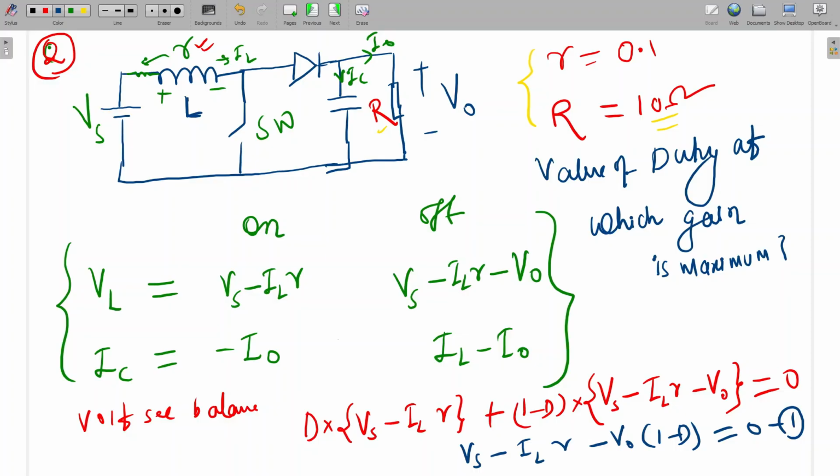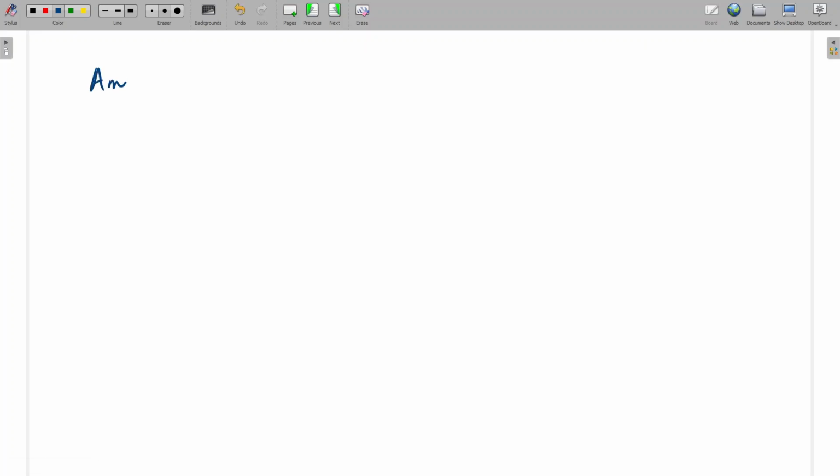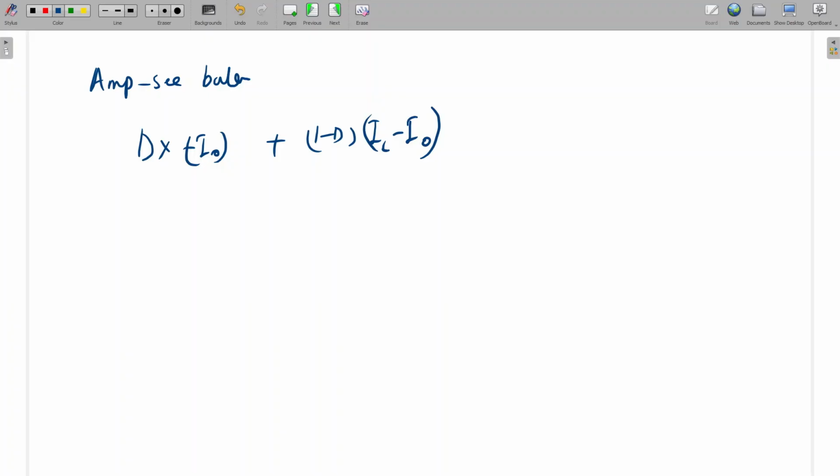Okay. Further, for the capacitor also I can apply the same thing, ampere second balance across the capacitor current. So what we can write: D into minus I naught plus 1 minus D into IL minus I naught. From here we can see that minus I naught will be common, so D plus 1 minus D will be 1.